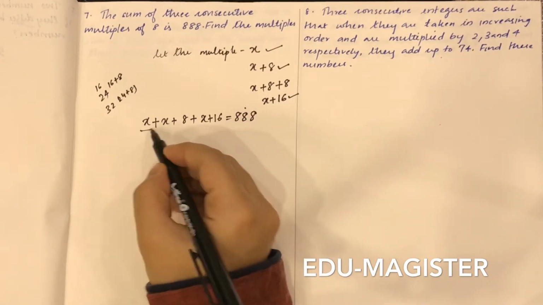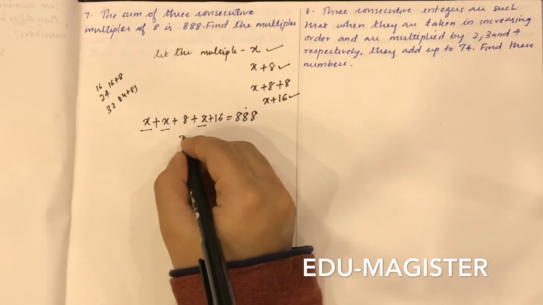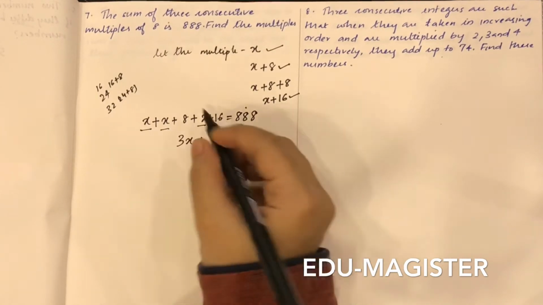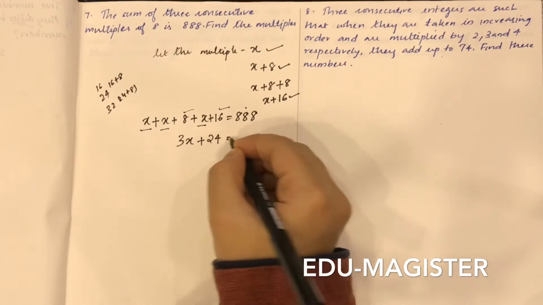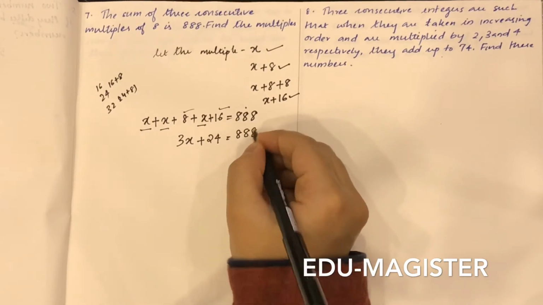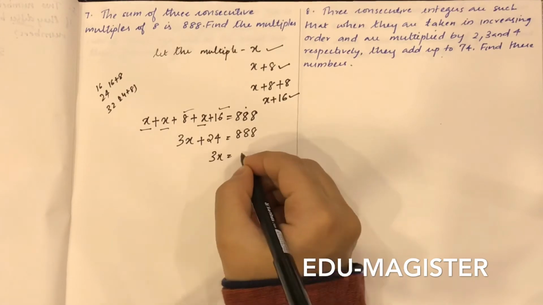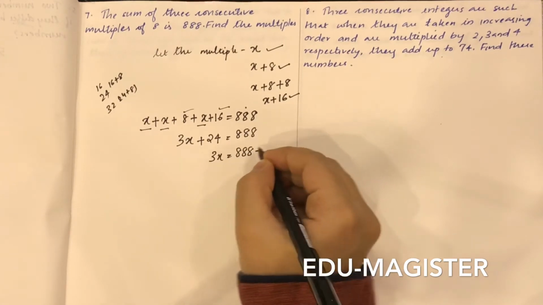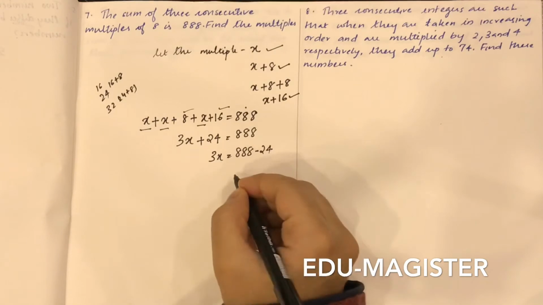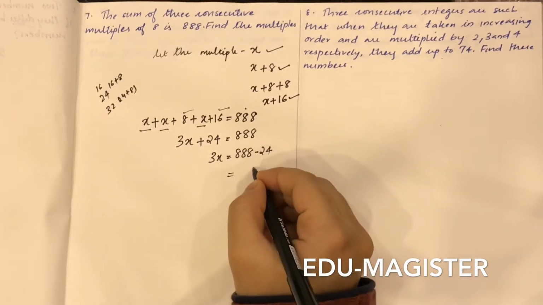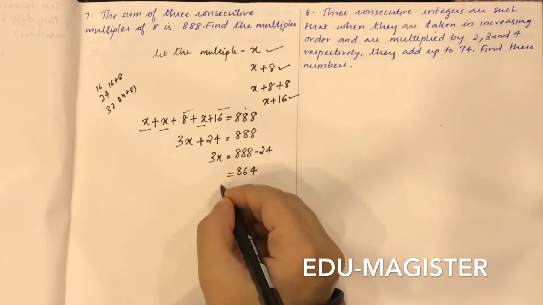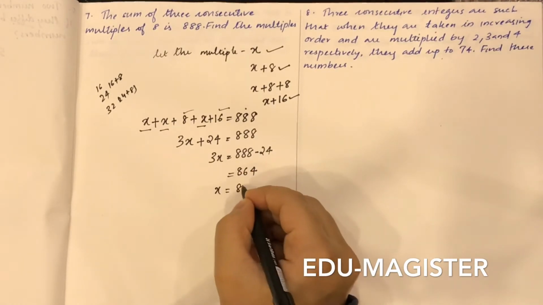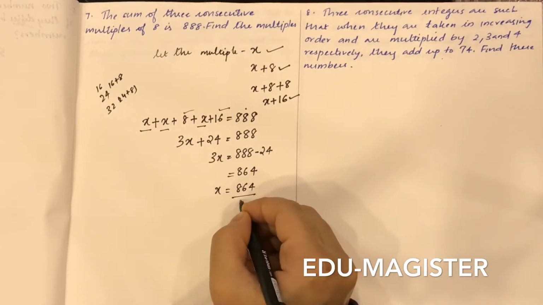Now you can add up all the 3x together, which becomes 3x plus 8 plus 16 is 24, equal to 888. So 3x is equal to 888 minus 24. That is equal to 864. Now x is equal to 864 divided by 3.